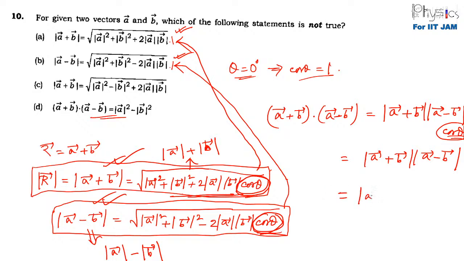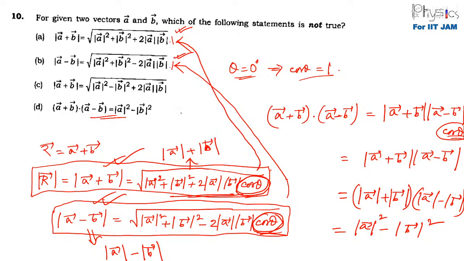So we have a vector plus b vector times mod of a vector minus mod of b vector, and it will be a plus b multiplied by a minus b, that is mod of a vector square minus mod of b vector square, that is this one.